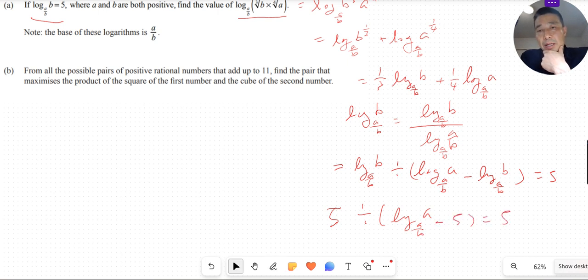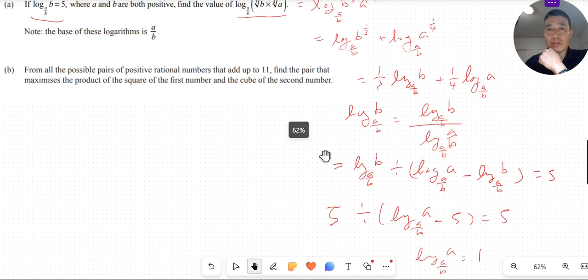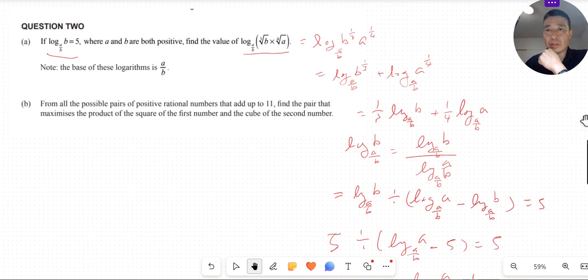So this is simple algebra, isn't it? What is it? Log a to the base of a over b must be 1, right? So what is it? Do you remember? We need to know log a to the base of a over b. So it turns out that it's 1, right?